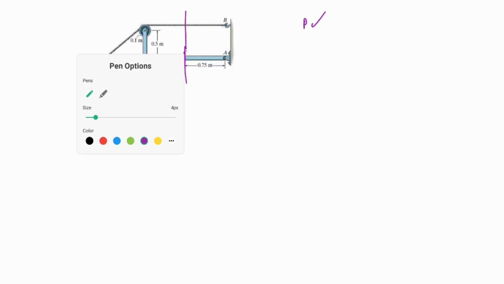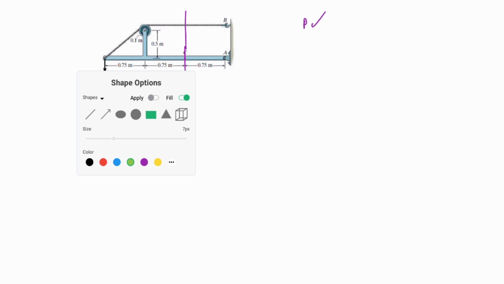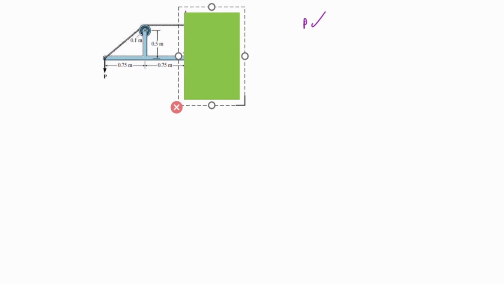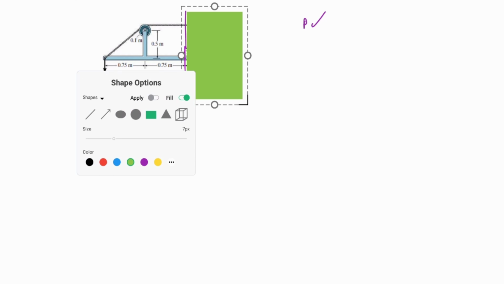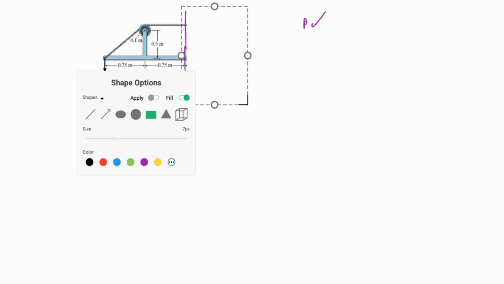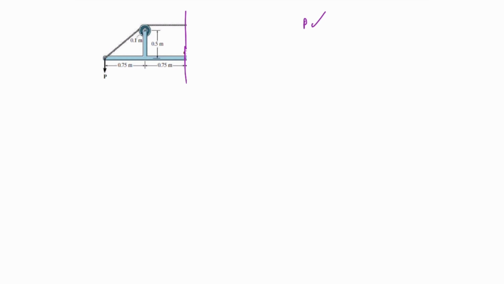And if I do the free body diagram over here, what I would have is something like just covering this part, and I'm just putting the reaction forces.